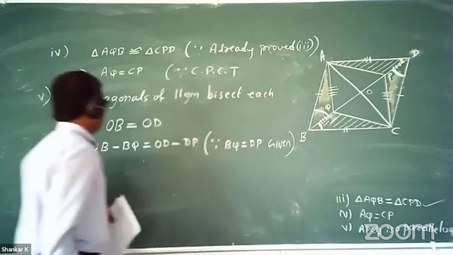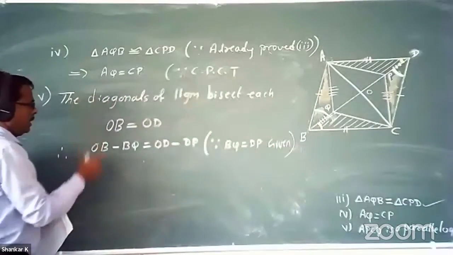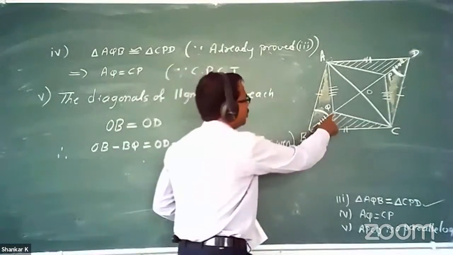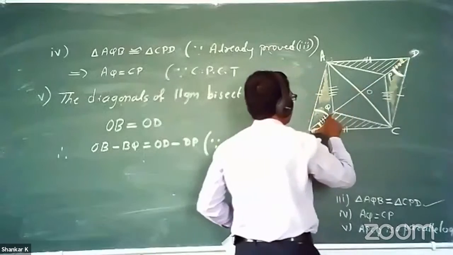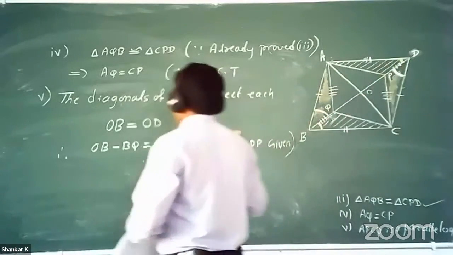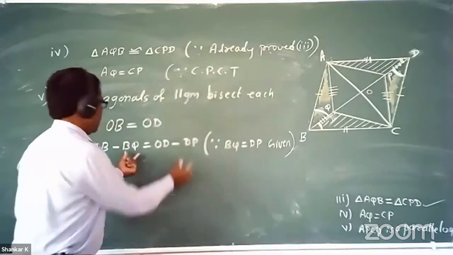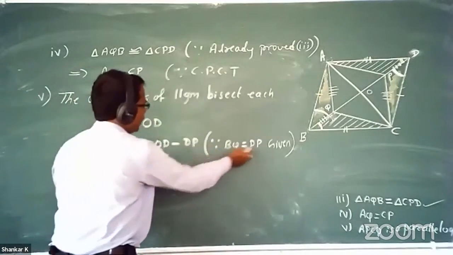What can we write? OB equal to OD we have taken, and BQ equal to DP is given. So OB equal to OD, BQ equal to DP, these are equals.